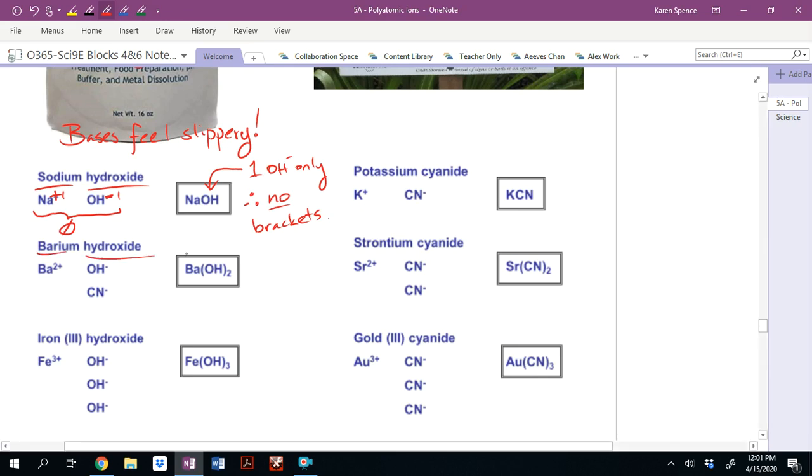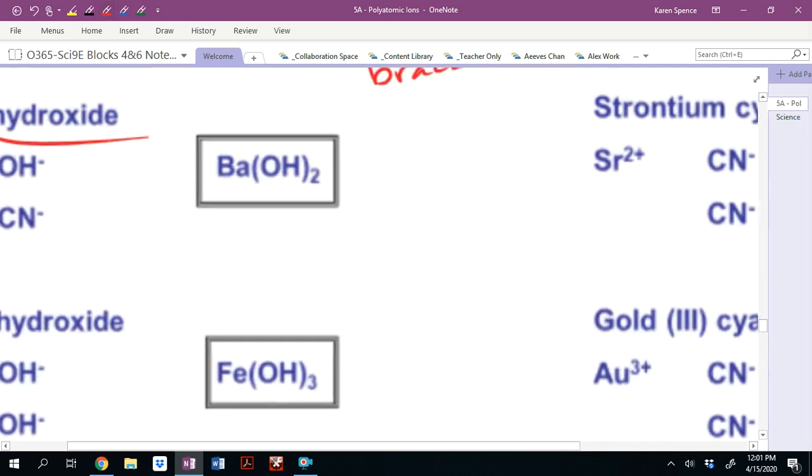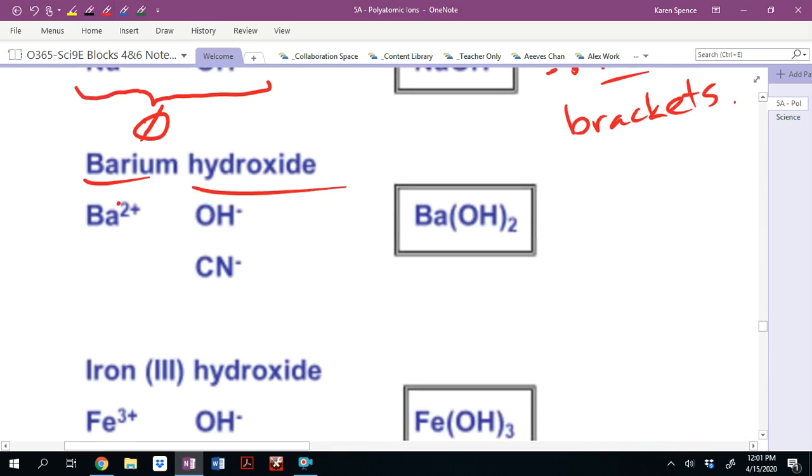Okay, barium hydroxide. I have a typo here. Barium is 2+. Hydroxide is -1, and I think I typed this wrong. That should be OH minus. My total positive charge is 2 positive.